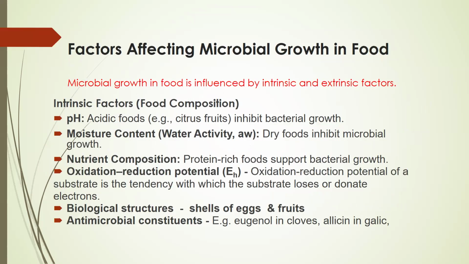What are the factors affecting microbial growth in food? Microbial growth in food is influenced by intrinsic and extrinsic factors. Intrinsic factors mean the composition of the food itself, the inherent factor of the food.